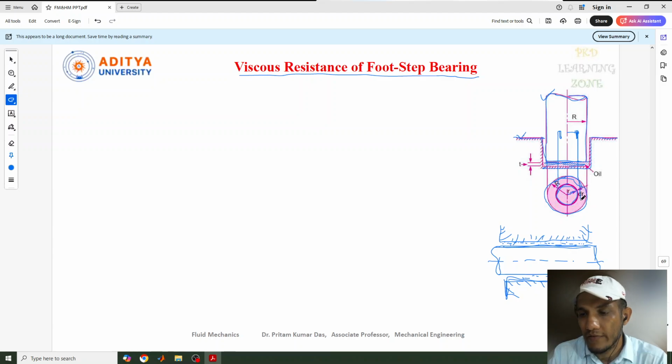So a small circular elemental strip ring needs to be considered to identify the viscous resistance, and the power absorbed in this rotation can also be calculated.